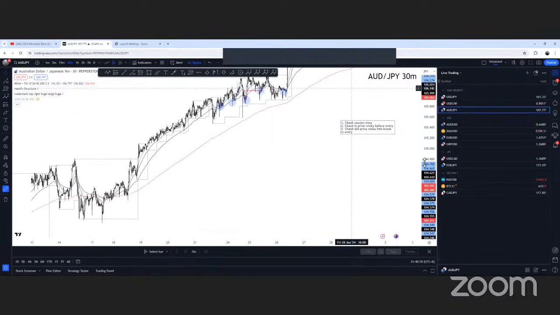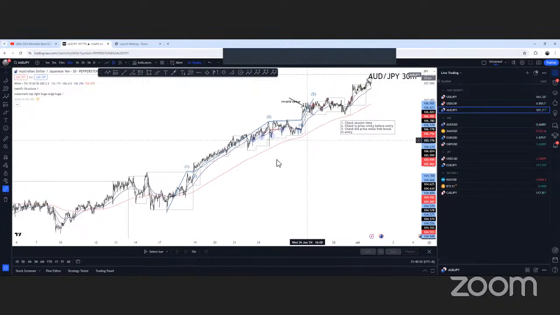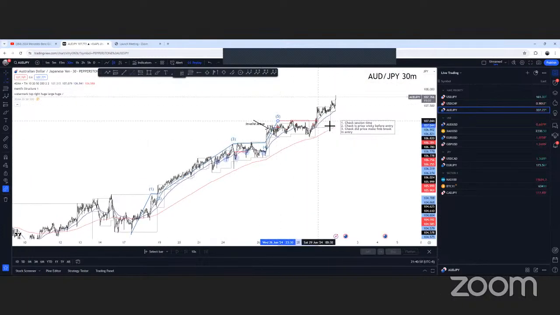Market cyclic theory: first move out of here, not a very long-term stage one, but still okay. Second move. Third move, right? O3. Now we are on O3.